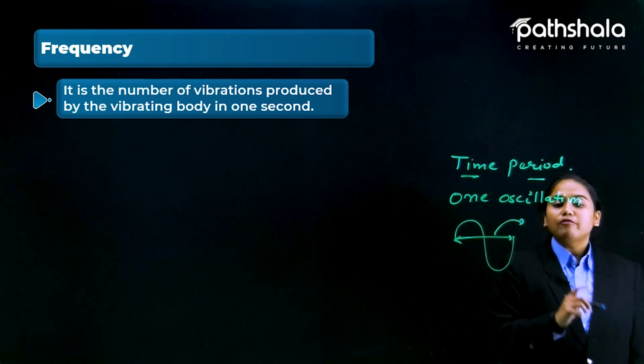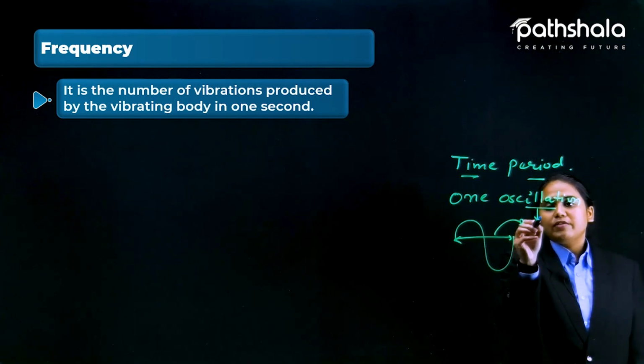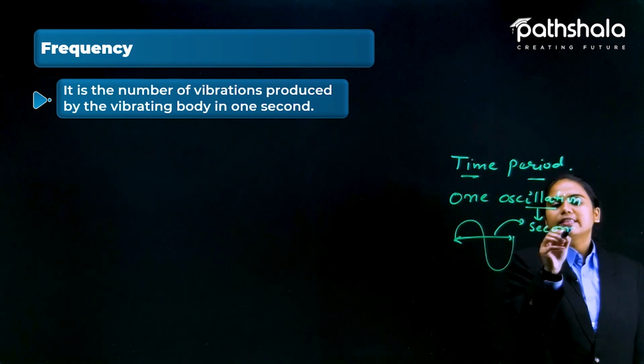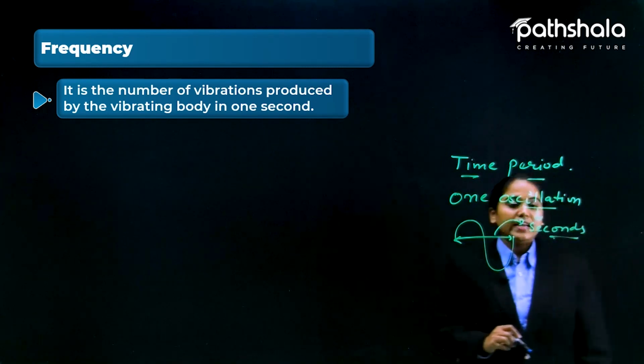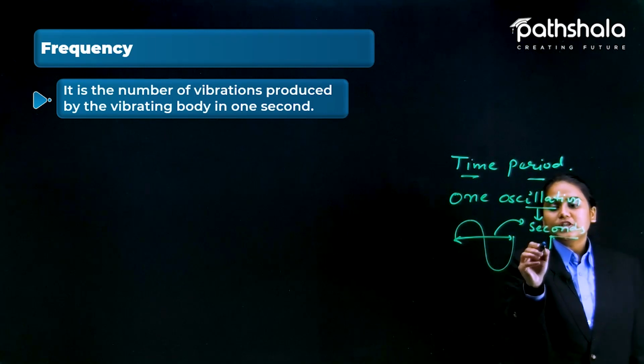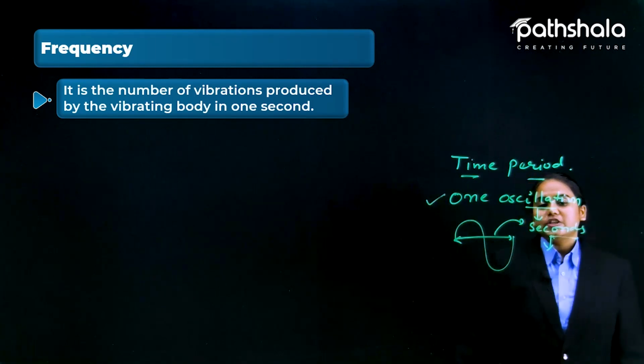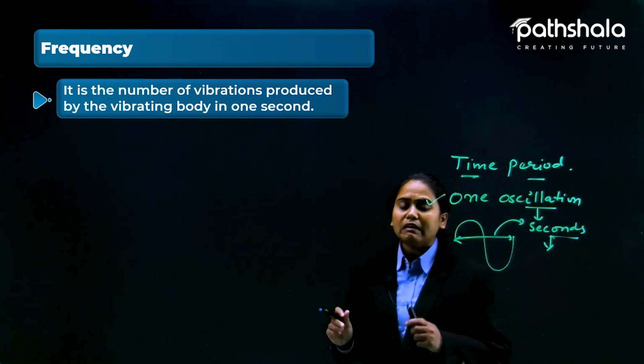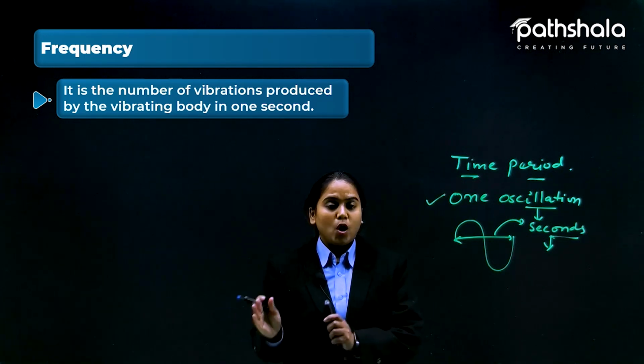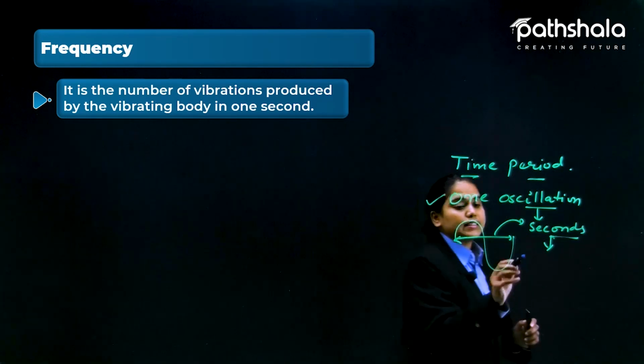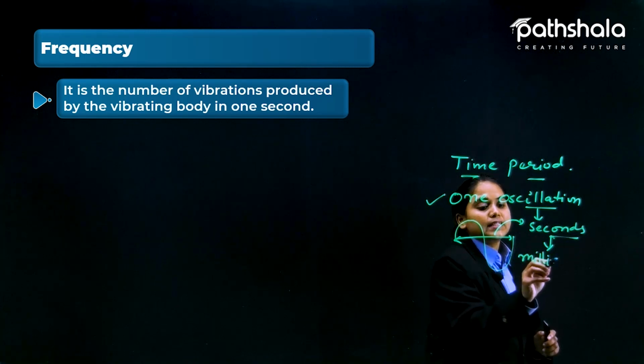Earlier I told you that we can calculate it in seconds. Yes, I was right, but here the condition is that this oscillation is covered in a few parts of a second, or we can say in milliseconds.